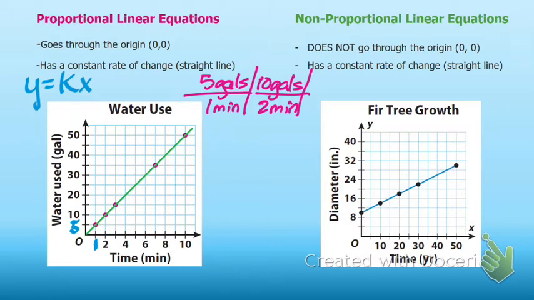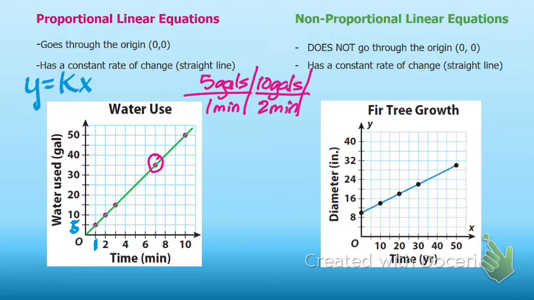What's 10 divided by 2? 5. Let's check out this point here. This one's at 35 gallons in 7 minutes. What's 35 divided by 7? So it's always coming out with the same rate. That's because this one is proportional.